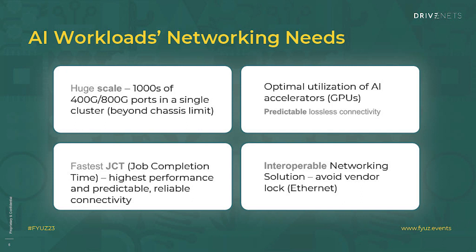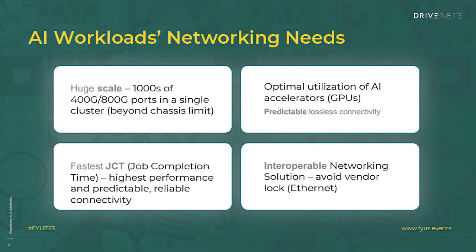If you have GPUs idle, you're losing money. Of course, some other requirements that we are seeing have to do with openness. They need solutions that are interoperable, so that they can really choose the best approach for them. They need solutions that scale massively. So we are talking about thousands of ports interconnecting GPUs in the biggest environments for AI.